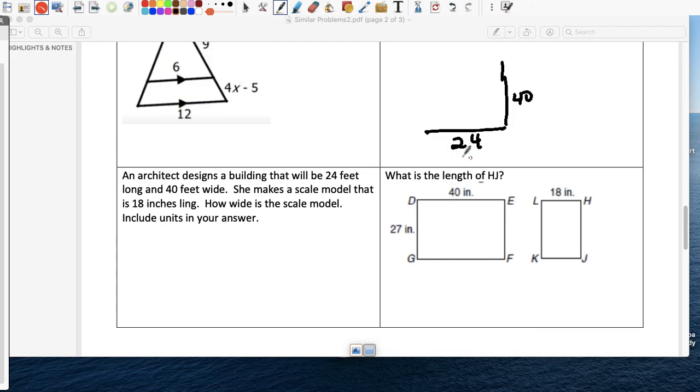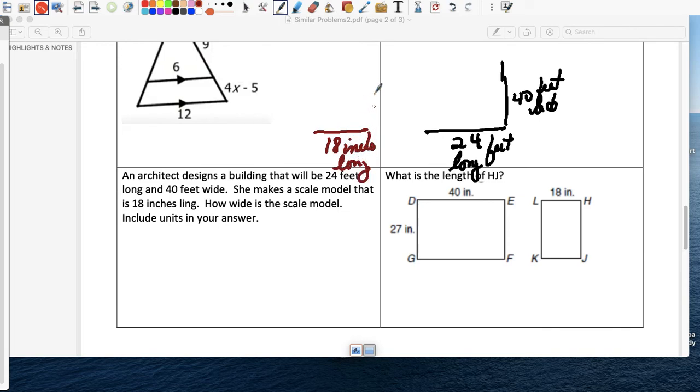So the length is 24 feet, and 40 feet wide. When I make my scale model, which is a smaller version, the length is going to be 18 inches long.